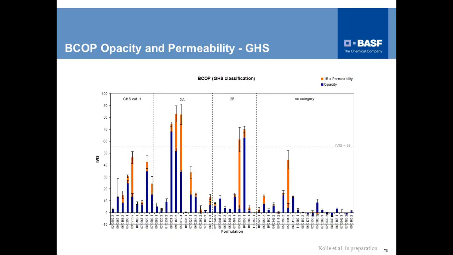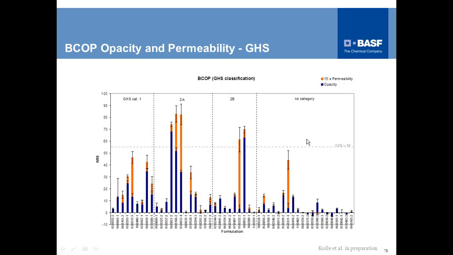All category 1 chemicals, if you recall the prediction model, should have in vitro irritation scores above 55. So from just the prediction model, we would expect all formulations in the GHS 1 category to end up with high in vitro irritation scores. But this is unfortunately not what we found.